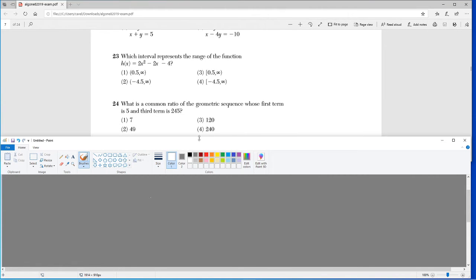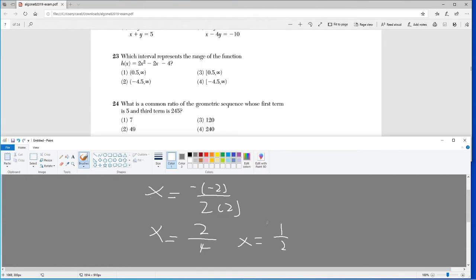Which interval represents the range of the function? Okay, so we need to find the maximum or minimum and see if it's a minimum or maximum. So since this is a concave up quadratic, we're gonna have a minimum, right? So let's find out what that is. X is equal to negative b over 2a, so negative negative 2 over 2 times 2. X is equal to 2 over 4.